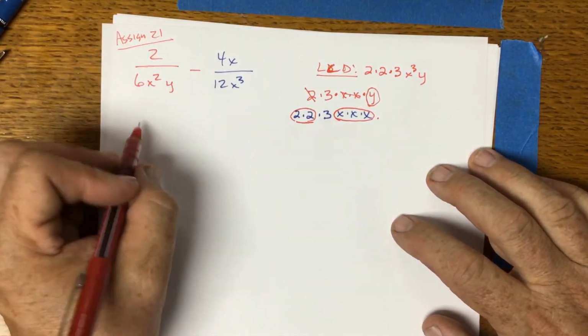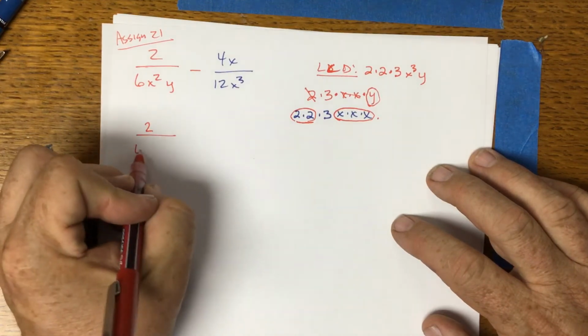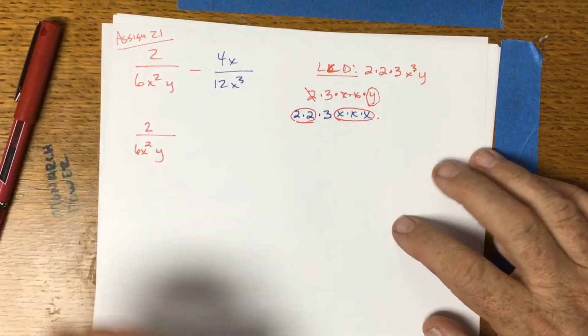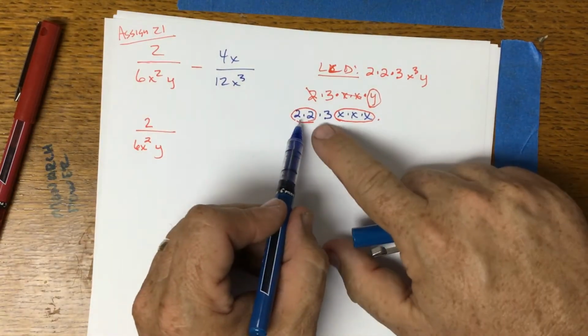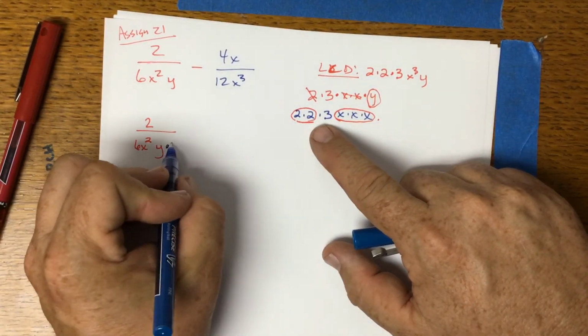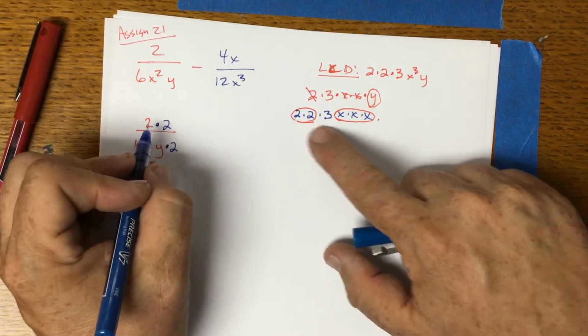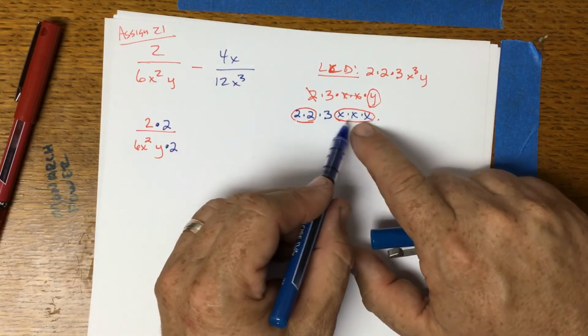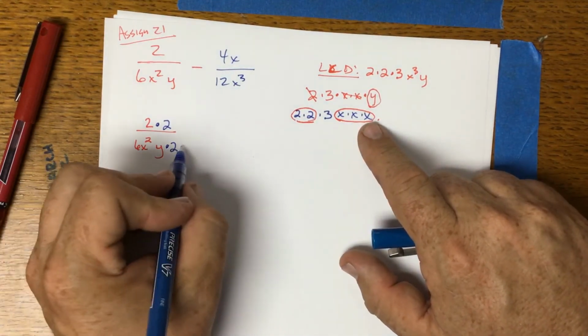So if I take my red one and I write it, and I look at this and go, okay, my red one, I'm missing a 2. I'm missing, nope, got a 3. I'm missing an x.